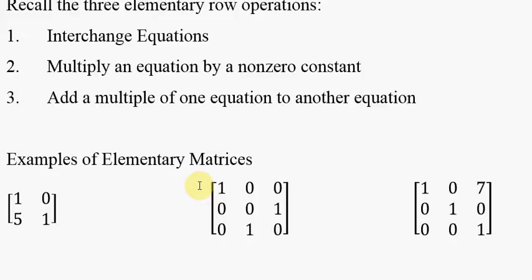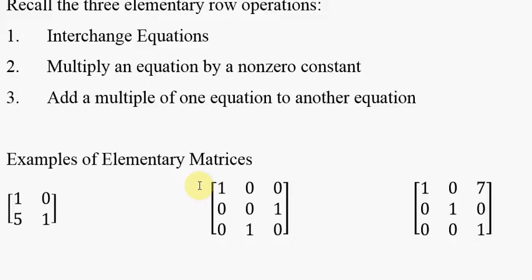Look at these examples of elementary matrices. See that first matrix with 1, 0, 5, 1? All we've done here was to add a multiple of row 1 to row 2. We said 5 times row 1 plus row 2. Look at the second example. What they did here was to interchange rows 2 and 3. That's only one elementary row operation.